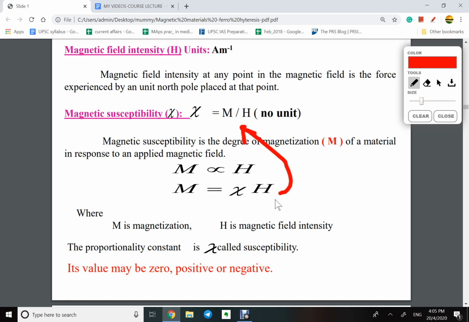Then M is magnetization here, H is applied magnetic field. The magnetic susceptibility value may be 0, it may be positive or negative.